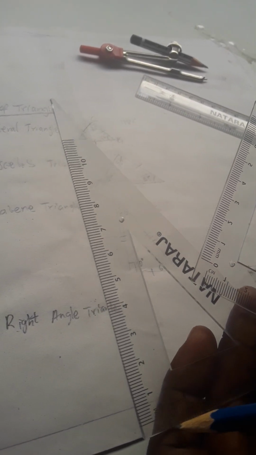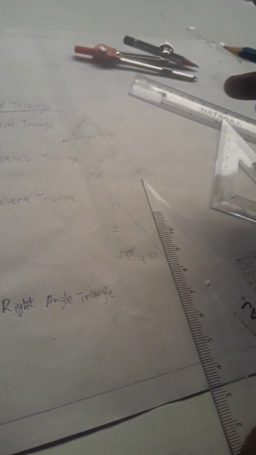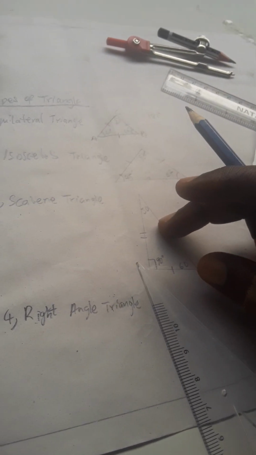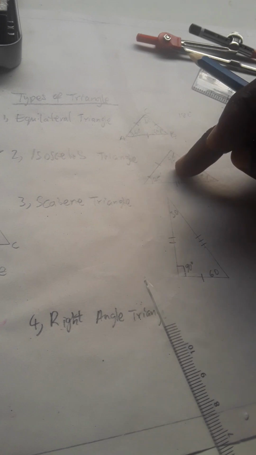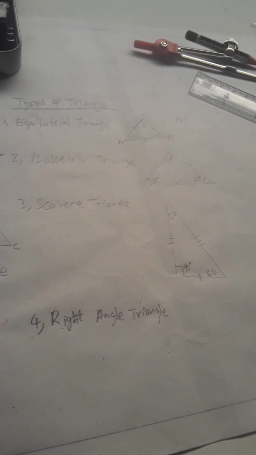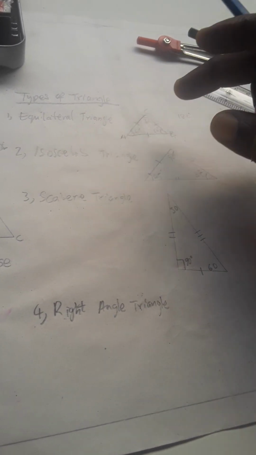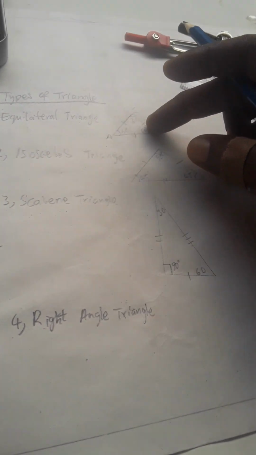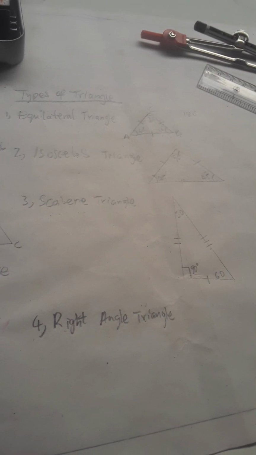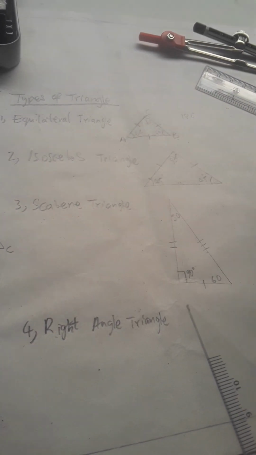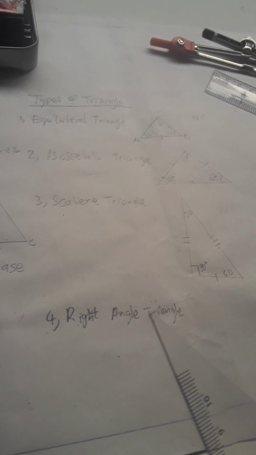This angle here is also 90 degrees. So a Scalene can also be a right angle triangle, and an isosceles can also be a right angle triangle. But not equilateral, because in an equilateral triangle each angle is 60 degrees. So you can have an isosceles as a right angle triangle, and you can also have a Scalene triangle as a right angle triangle.